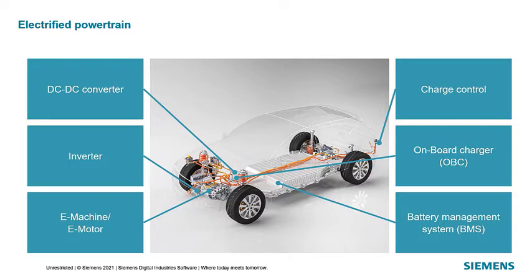e-machine or e-motor, which monitors and controls the motor driving phase currents and torque application; charge control, which is country or technology specific with a dedicated protocol for orchestrating the charging process and communicating with the charging station or electric vehicle supply equipment, EVSE; onboard charger or OBC, which monitors and controls the charging process during AC charging; battery management system or BMS, which monitors the condition and health of the high voltage battery.